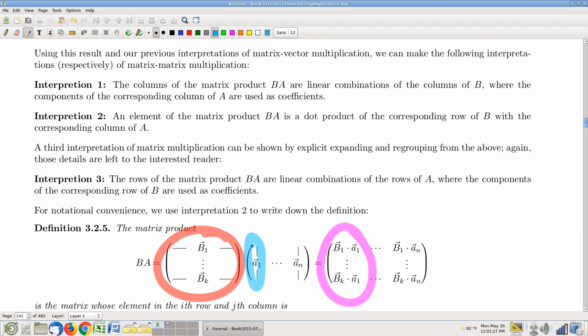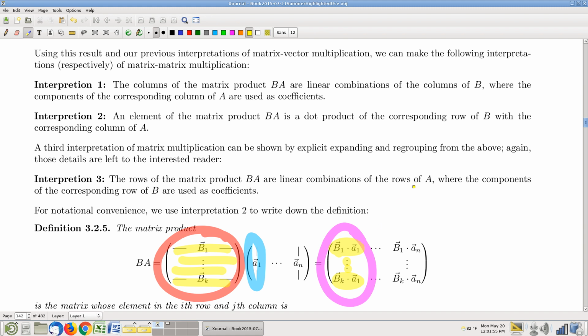We also recall that there is a different way to multiply a matrix times a vector: not with linear combinations of the columns of the matrix, but with dot products with the rows of the matrix. So you can compute the individual elements in that column by doing dot products.